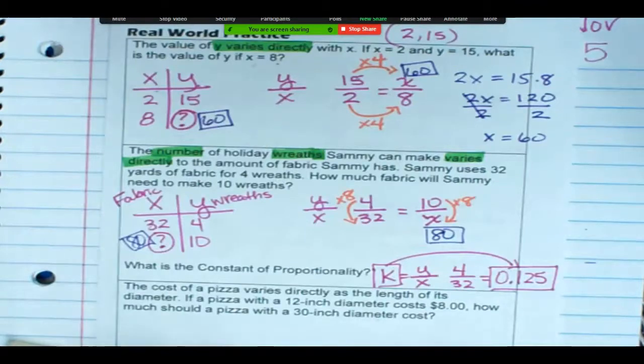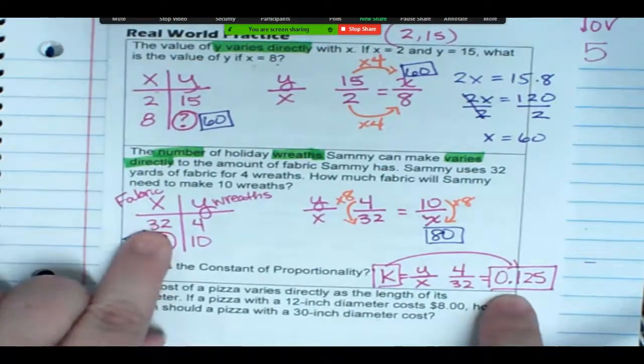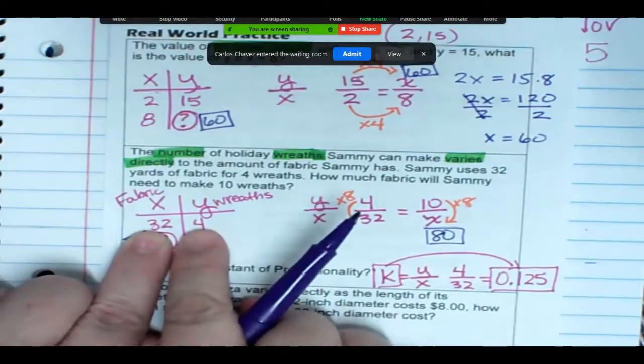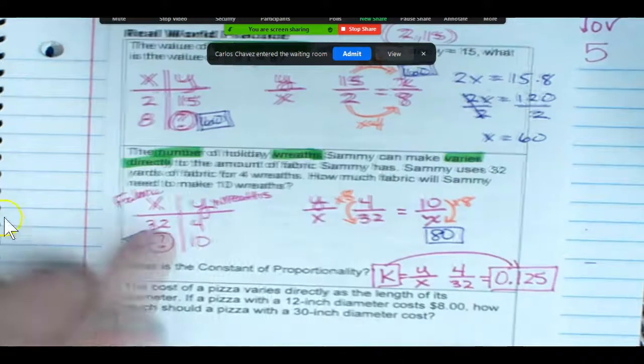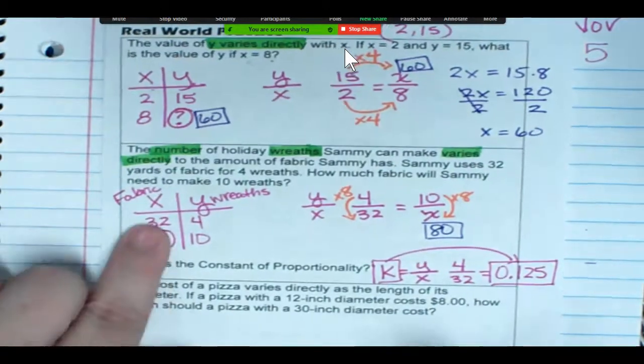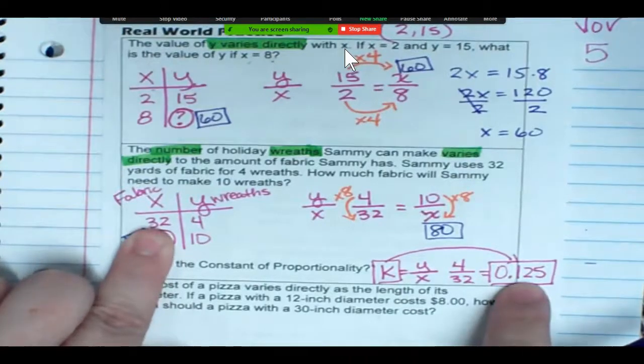That means, since it is the constant of proportionality, please put your phone away, that means I should be able to take 32, my x value, times the constant of proportionality to get my y. So if I take my x value, 32, I multiply it by my constant of proportionality, do I get the y value?